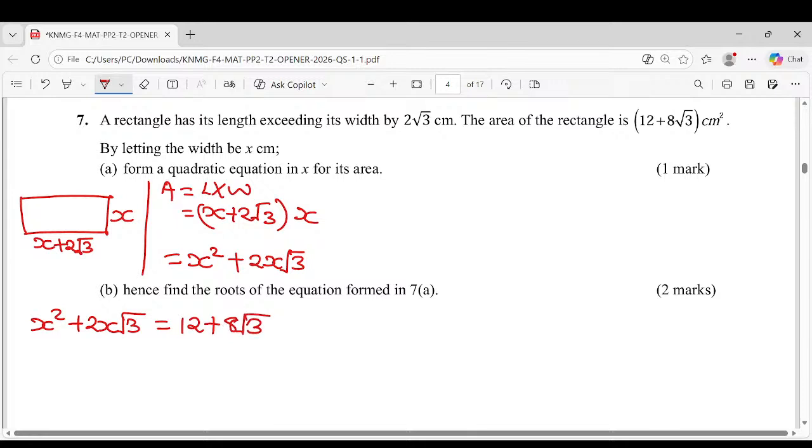So in the first case, we are going to have x squared equals 12. Then x will be the square root of 12. The first value of x will be the square root of 12.